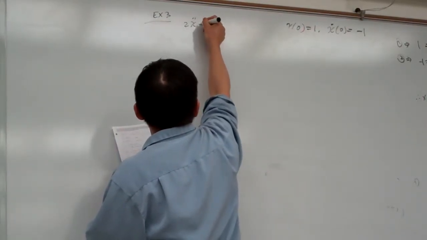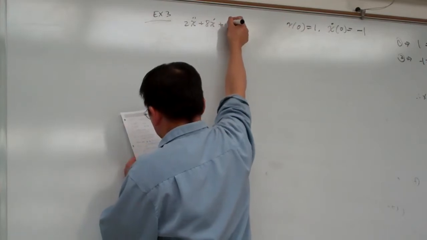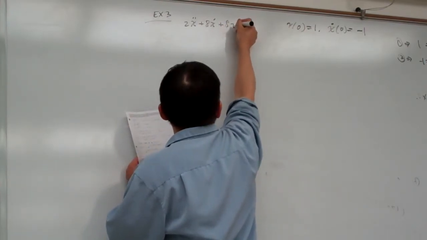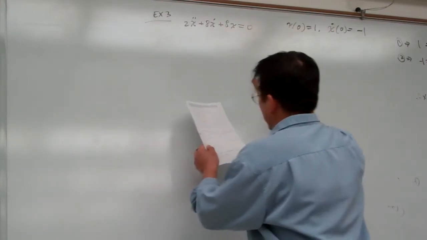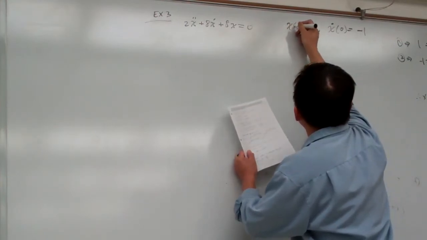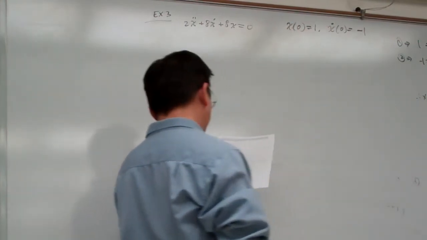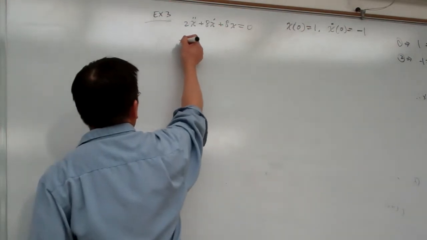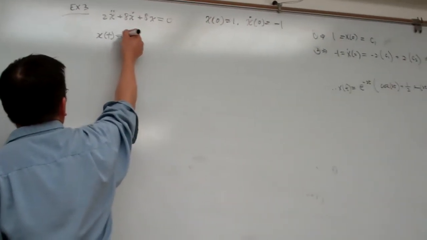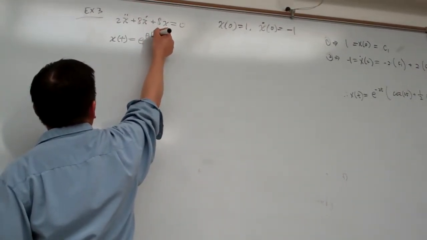2x double dot plus 8x dot plus 8x equal to 0, and the same initial conditions here. Okay, so here we let x(t) equal to A e to the power pt.